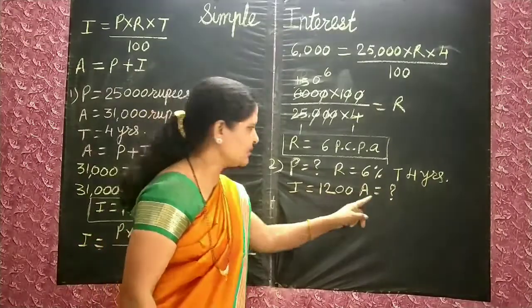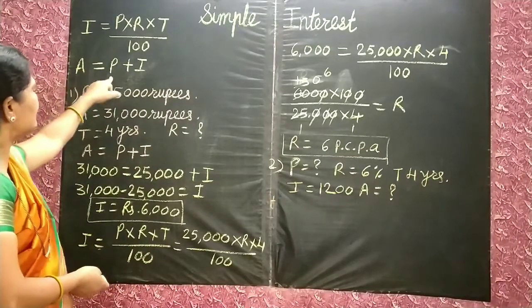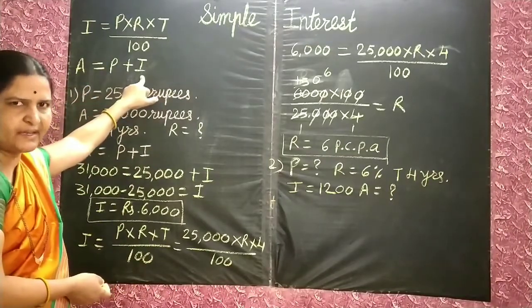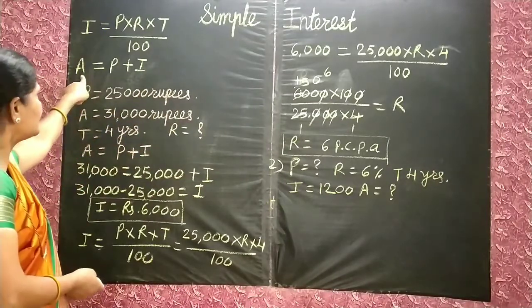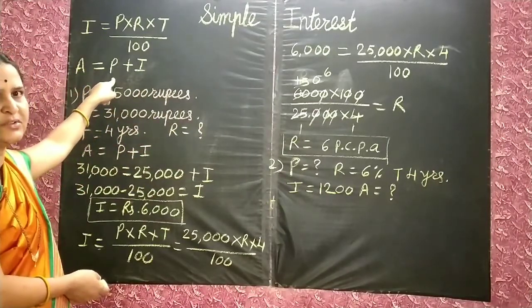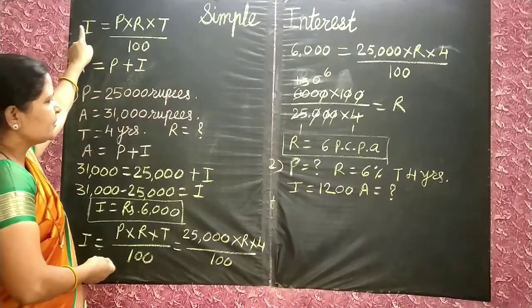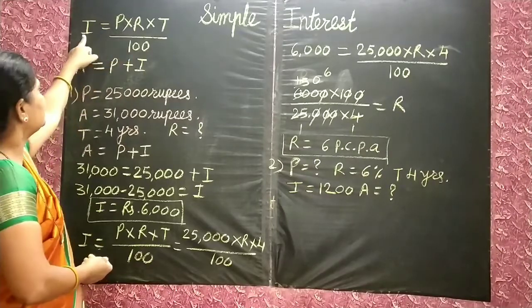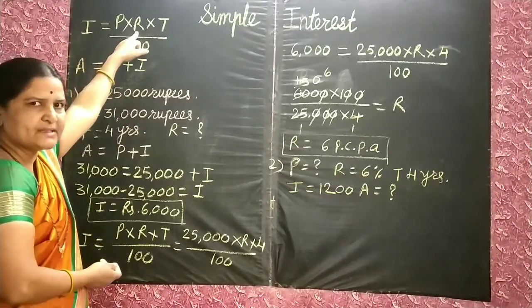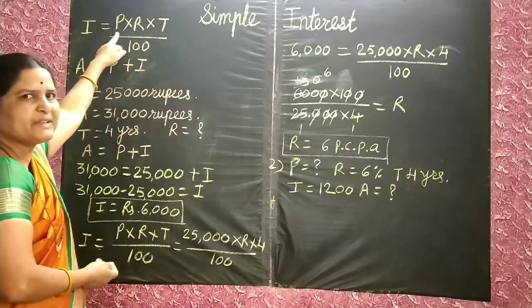Can we use the formula amount equals principal plus interest to find the amount? No. Why? Because amount is not given and principal is also not given. So it is not possible. First we use the interest formula to find the principal, because interest, rate of interest and time are given.